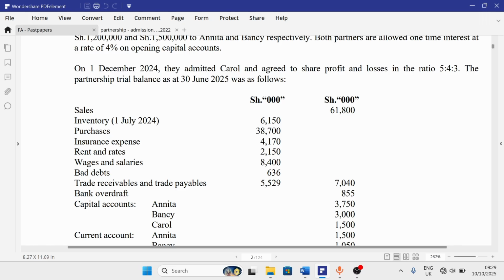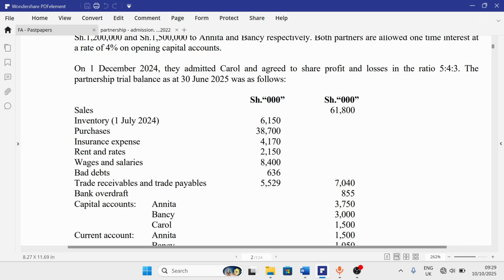So in the year 2024, that is 1 month, that is December only. In the year 2025, we count from January all the way to June, and because this is 30th June, we are going to count the whole month of June. So those are 6 months in the year 2025. And then we add the 1 month for the year 2024.